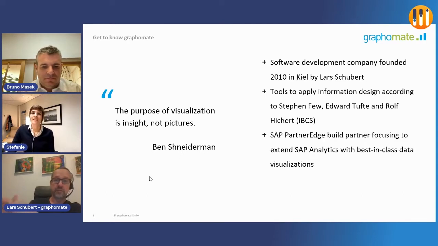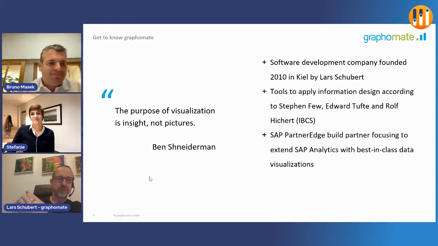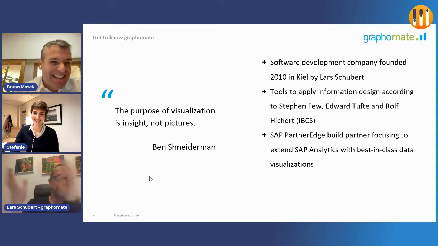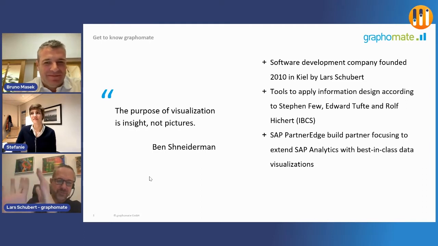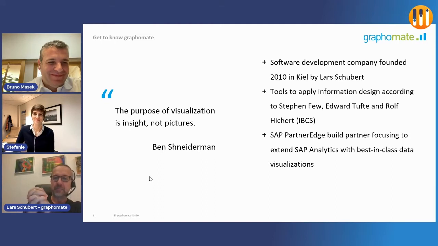Probably you have heard about Stephen Few and Edward Tufte because these are the very famous American guys who have written lots of good books on visualization. And Rolf is the German guy. Perhaps you hear we are Germans, and Rolf is also a very famous German, and we are doing lots of business here in Germany, especially in the DACH region. It's the first time we do something coming over the big sea. We will come back to Rolf later on.